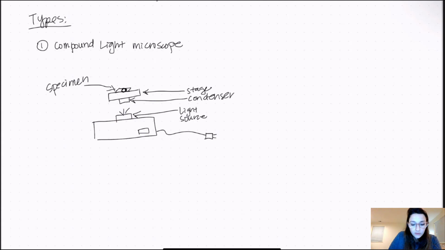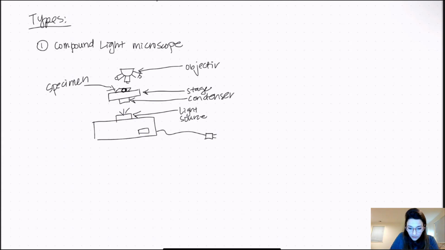And everything goes through what we call the objective lenses. So the objective lenses, we'll draw 3 just for fun. They're on a rotating piece so that we can change how much we're zooming in. Those guys are called objectives.